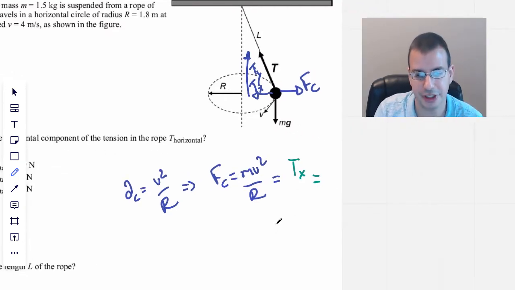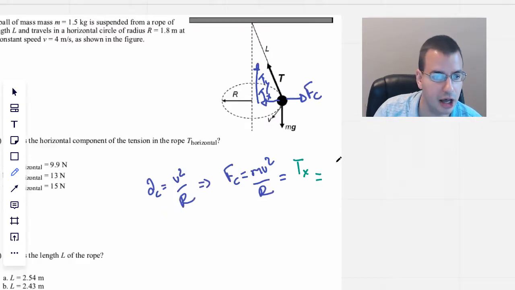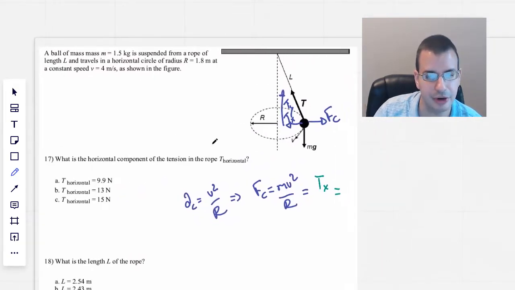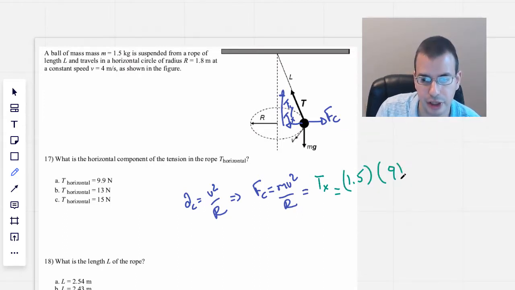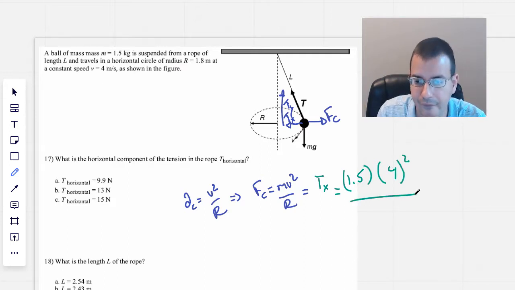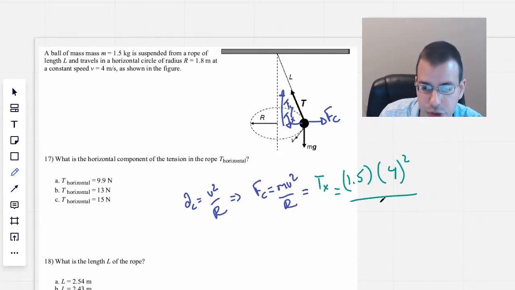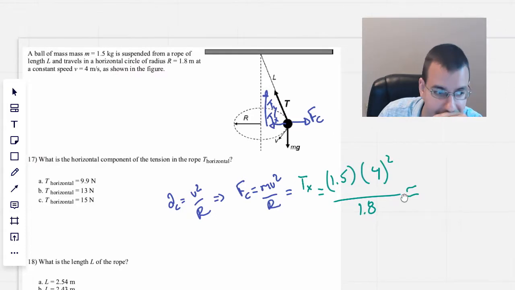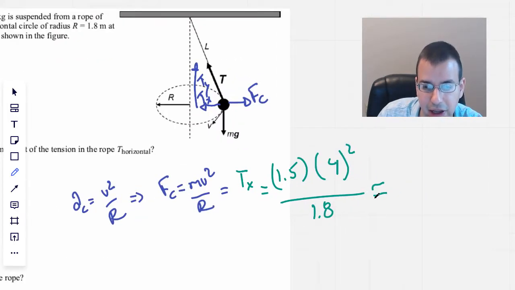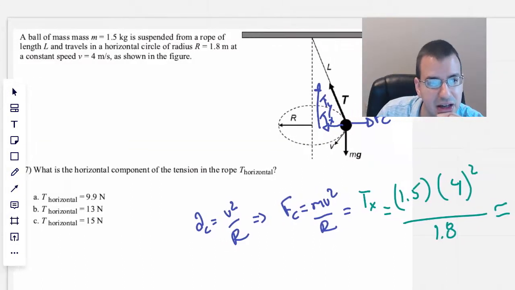So Tx will be mass 1.5, speed, which is 4, squared, and then the radius, which is 1.8. So this will be like, what, 15? 15 probably. Okay, so 1.5 times 4 squared divided by 1.8.